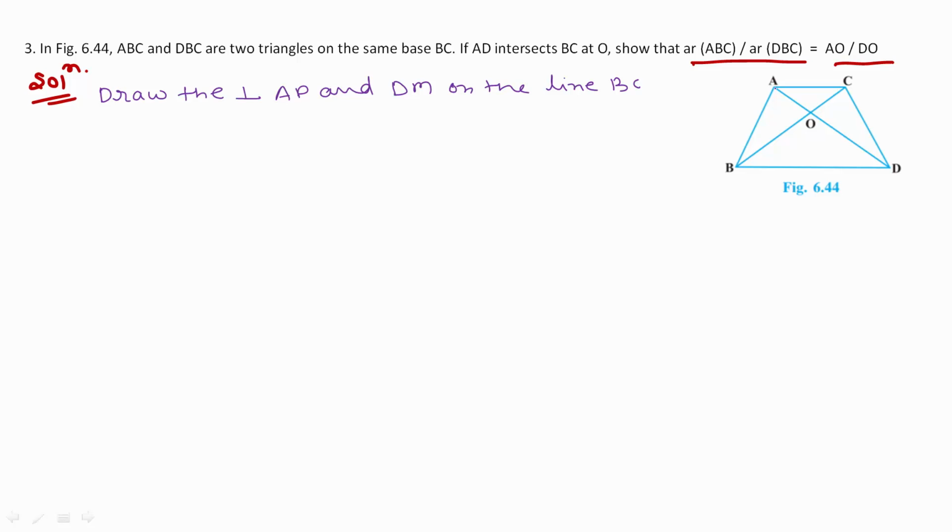So AP is perpendicular to BC and DM is also perpendicular to BC. This is your AP and this is your DM.